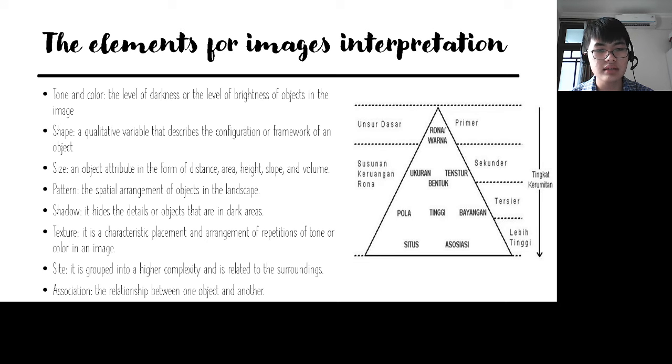Shadow, it hides the details or objects that are in dark areas. Texture, it is a characteristic placement and arrangement of repetition of tones or color in an image. Sight, it is grouped into a higher complexity and is related to the surroundings. Finally, association, the relationship between one object and another.